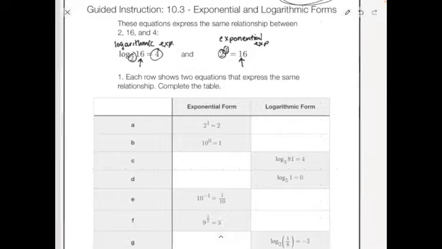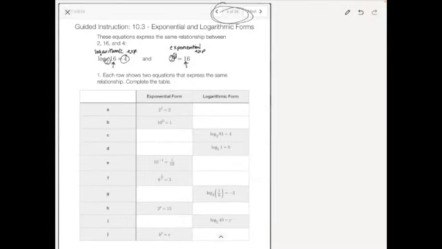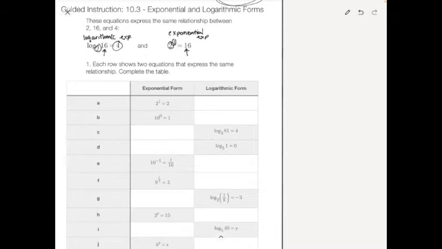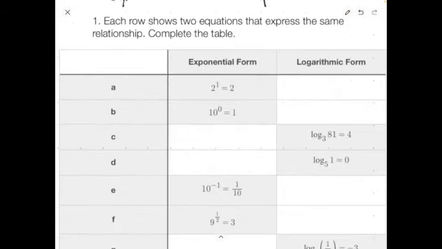Okay? So this is just review. This is what we talked about in week 14, the week before Thanksgiving break. So we're going to now take that knowledge, and if we're given the exponential form, we're going to write it as logarithmic. And if we're given the logarithmic form, we're going to write it in the exponential form. Okay?